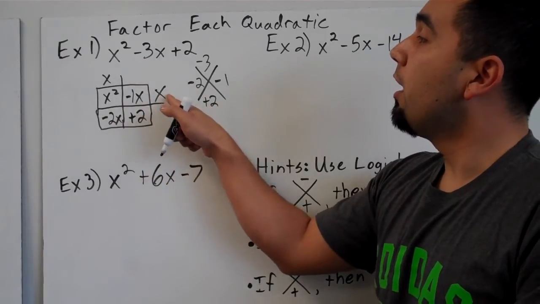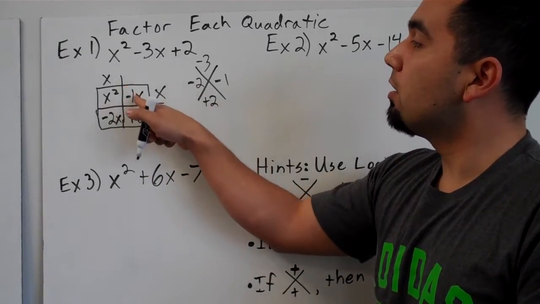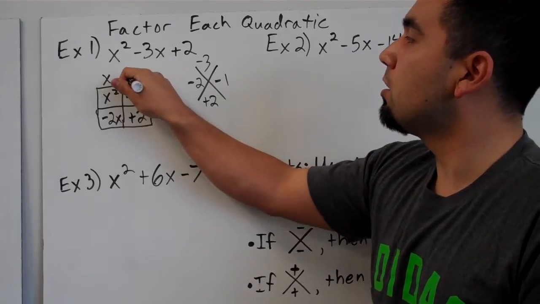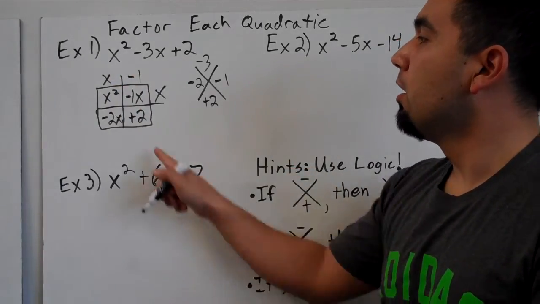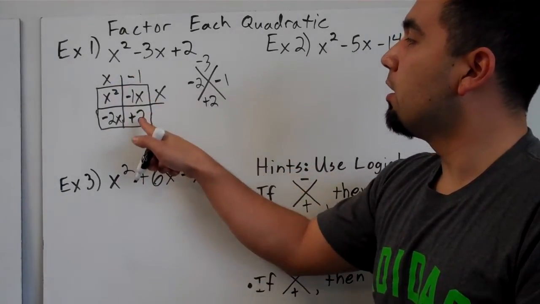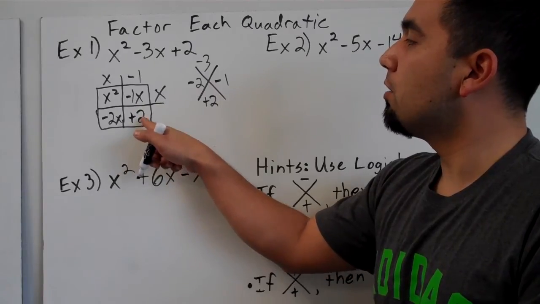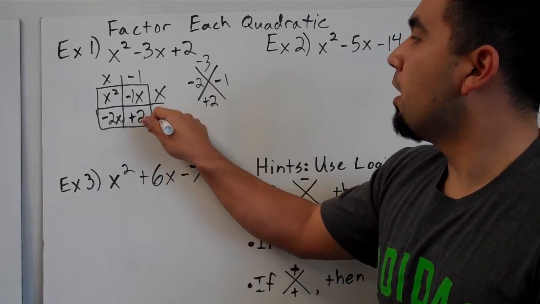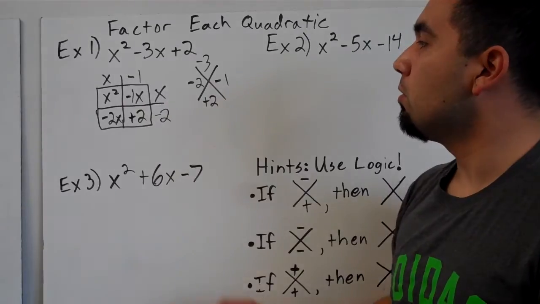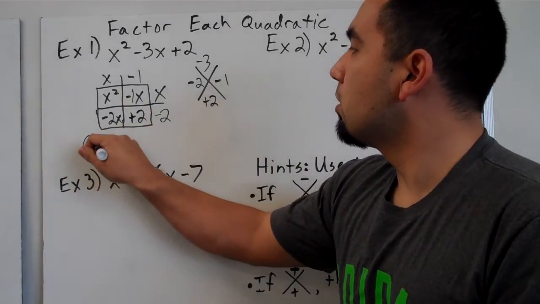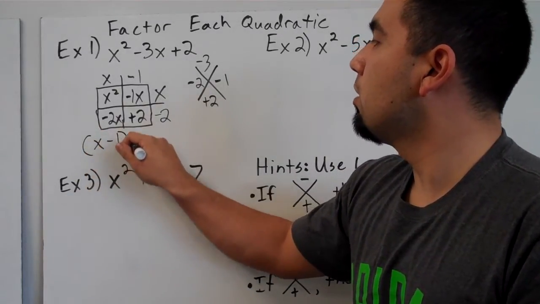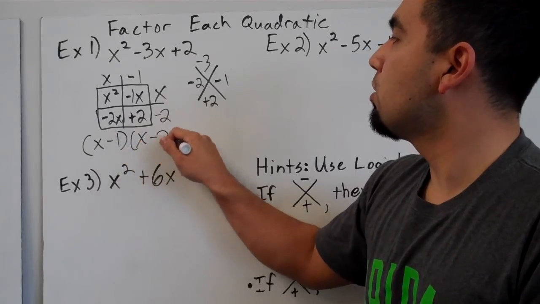So again, x times what gives me negative 1x? Well, that's just negative 1. And negative 1 times what gives me positive 2? Well, that's a negative 2. So my final answer is going to be x minus 1, x minus 2.